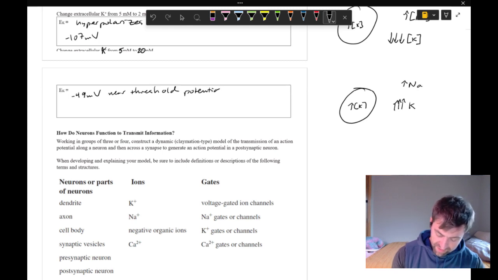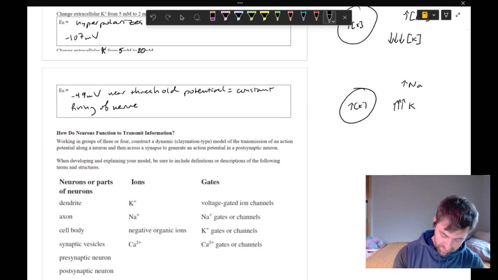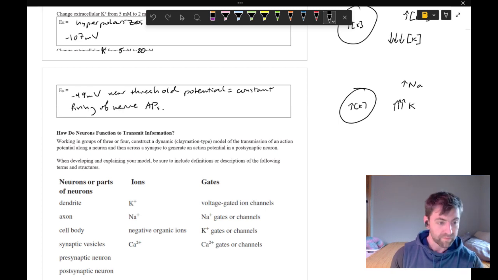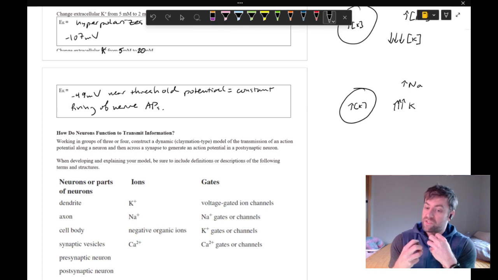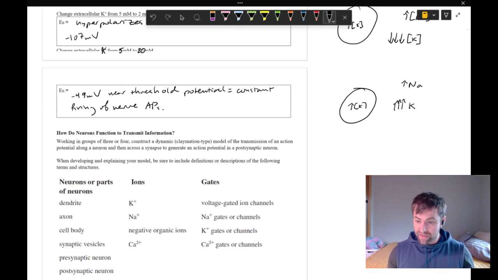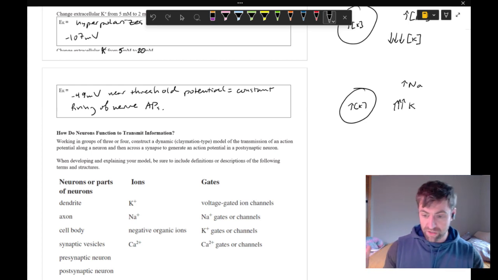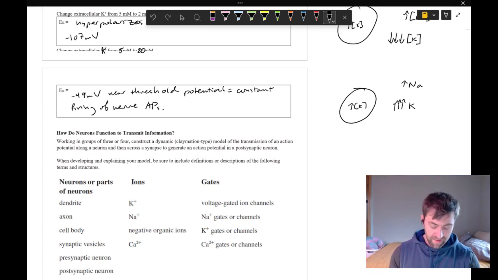And what that means is you would have constant firing of the nerve. In this kind of situation, you might have tetanic contractions, so spasms. If this is in cardiac muscle or respiratory muscle, this can lead to death very quickly if there's no cessation.